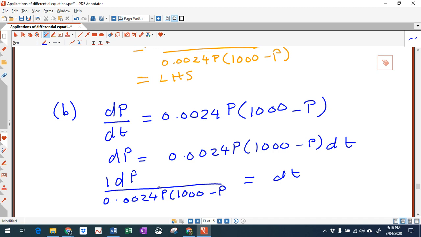So now it says use the result. We are going to use the result, but first we're going to put an integral sign on both sides.